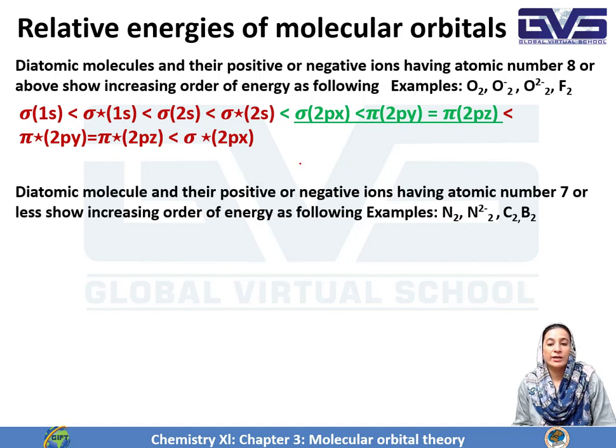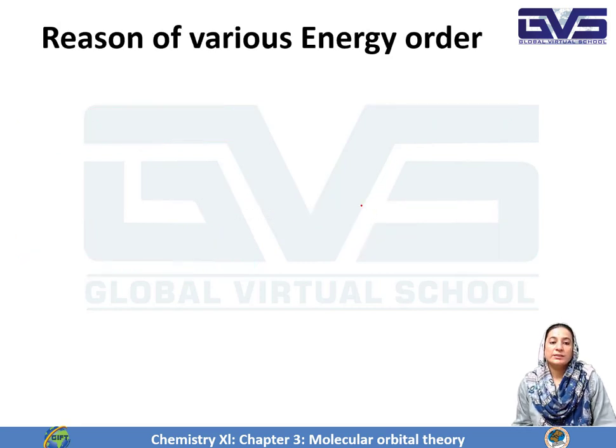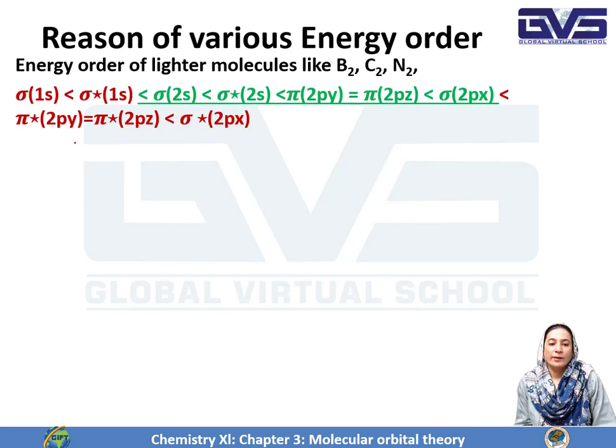But in the case of nitrogen, boron, carbon and their ions, sigma 2px is at higher energy as compared to pi 2py and pi 2pz. So why is there a difference? There is a reason why they have various energy orders. Actually, the difference starts from here to this point.